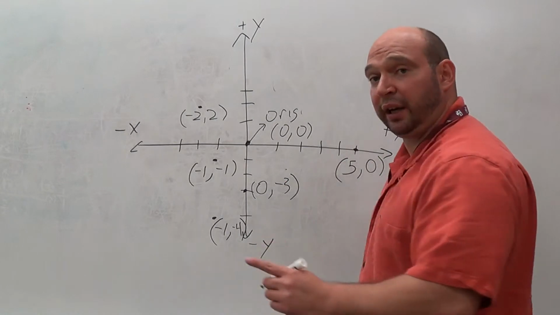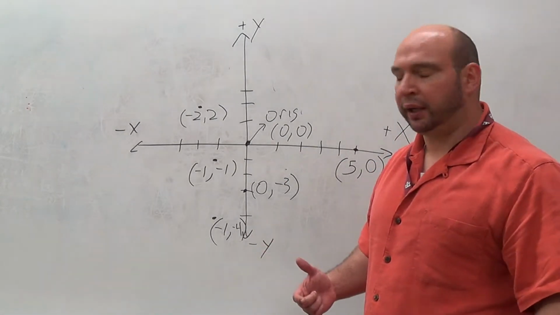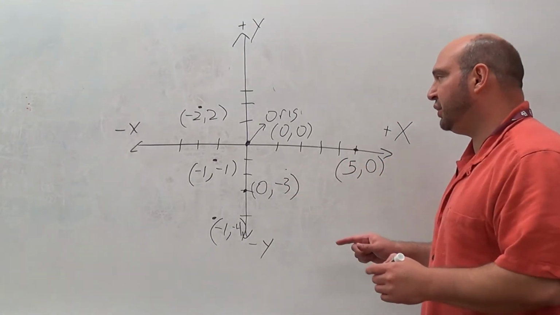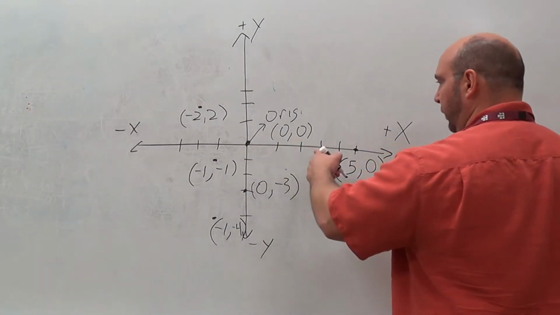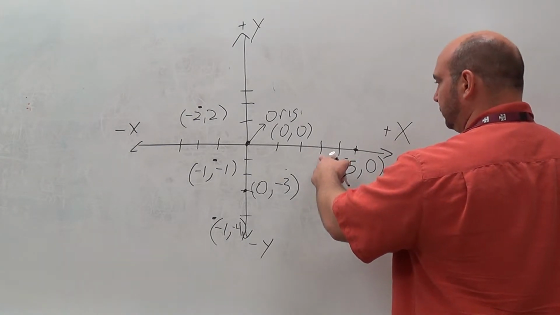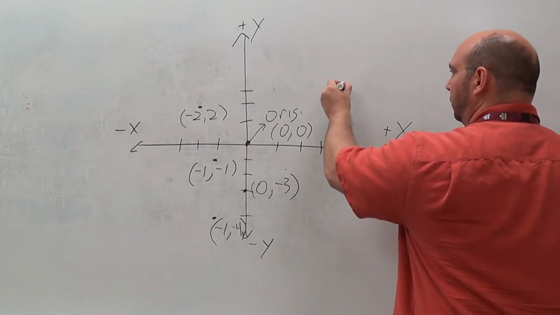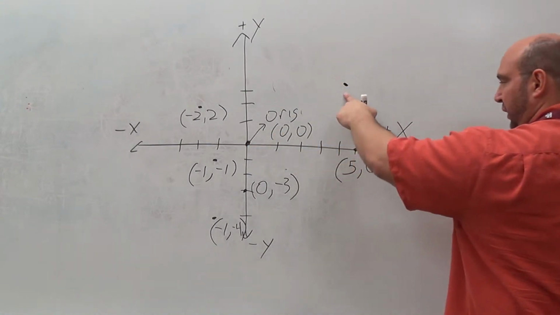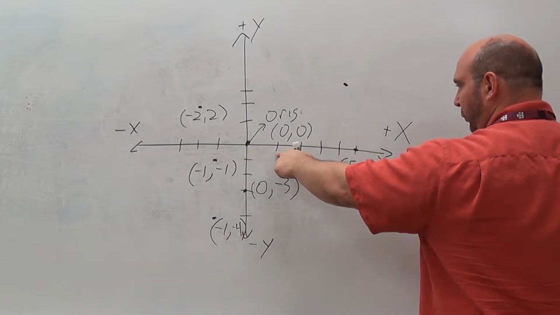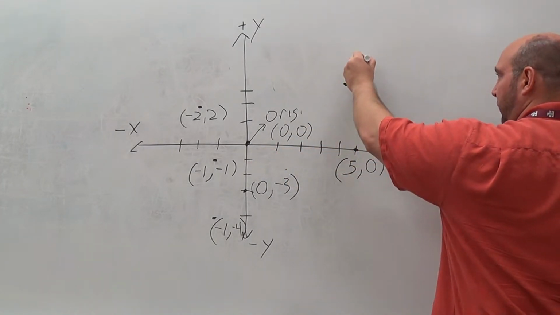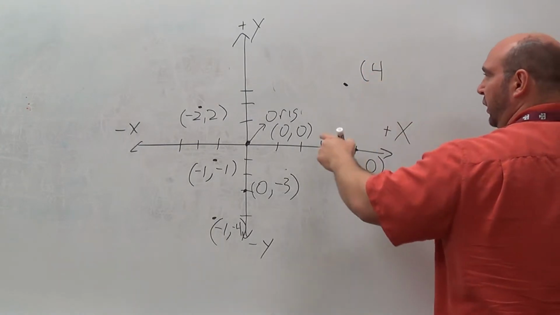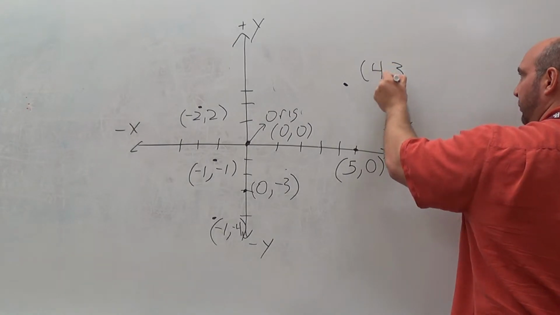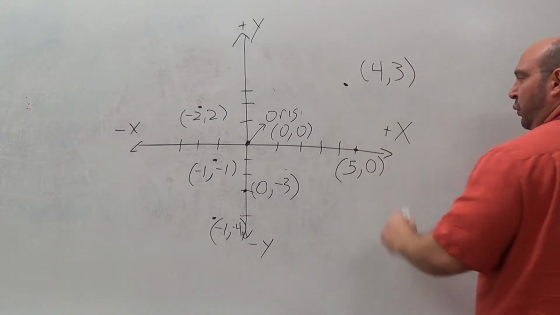Now this is going to come up later when we start talking about a graph being undefined, and we'll touch on that when it comes up. But for now, what I really want you to understand is that as we're charting something out, if I have to identify this point, I say, well, hold on. In the x, I've got 1, 2, 3, 4, and it lines up. There's 4. And in the y, I've got 1, 2, 3. There's y is 3, and that is my point 4, 3.